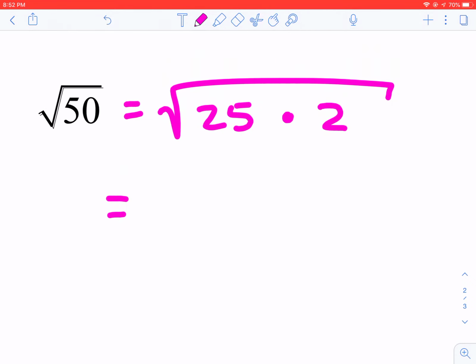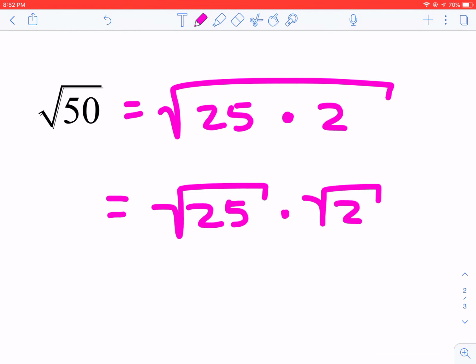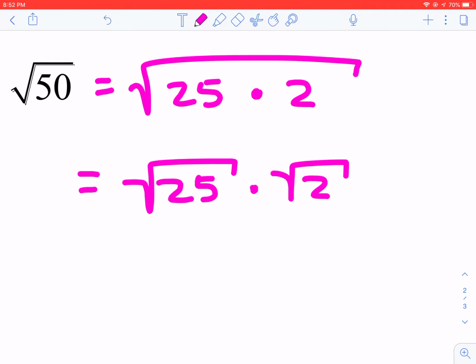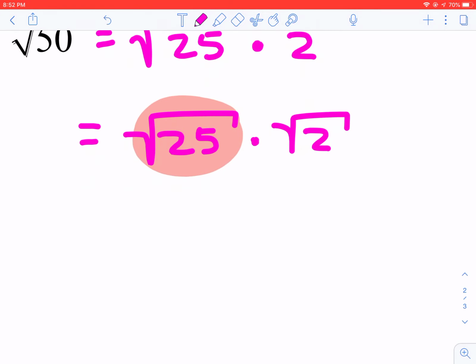Square root of 25 times square root of 2. And the reason we're saying we're simplifying it is we took stuff out of the radical. Because what is the square root of 25 now? Well, that's a perfect square, and that's going to be 5. So the square root of 50 is equal to 5 radical 2.